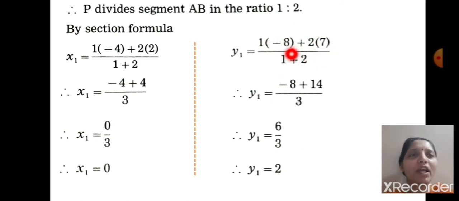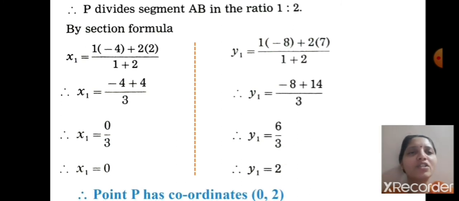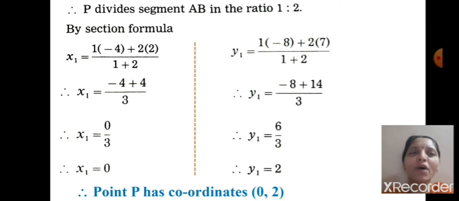So 1 into -8 is -8 plus 2 into 7 is 14 upon 3. -8 plus 14 is +6. +6 upon 3, that is equal to 2. So we got the value of y1 here. So y1 is how much? Yes, 2. So we got the coordinates of point P. So point P has coordinates 0, 2.